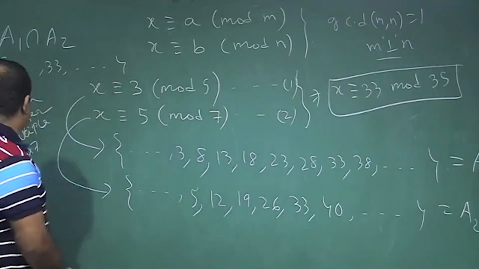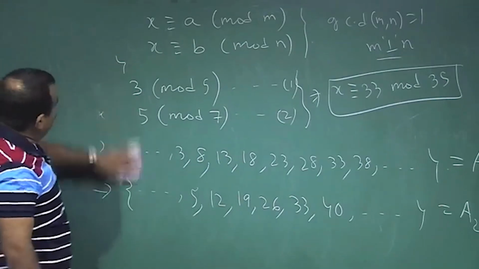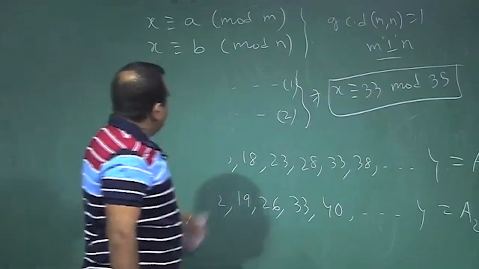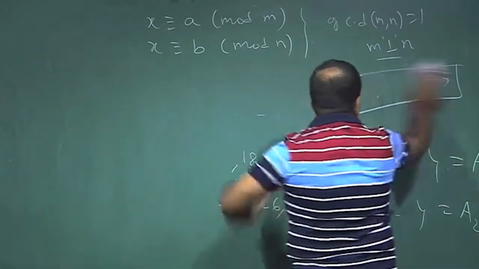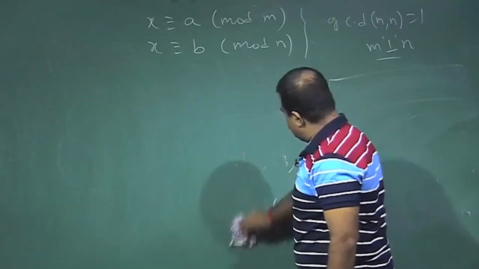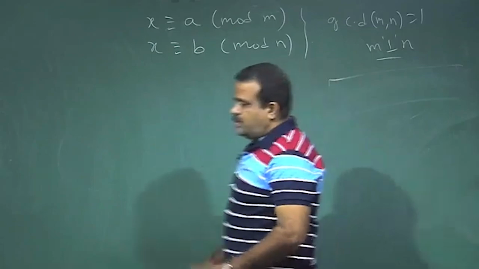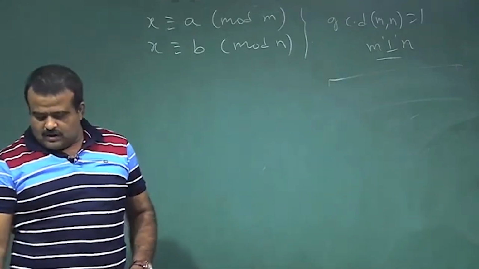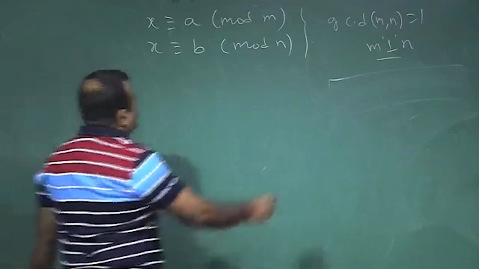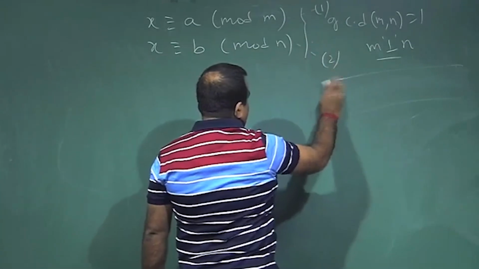the solution. So suppose we have equations like this, the general form, x is congruent to a mod m and also x is congruent to b mod n. Now we want to find out the solution for this. Say we are taking this as equation 1, and this as equation 2.